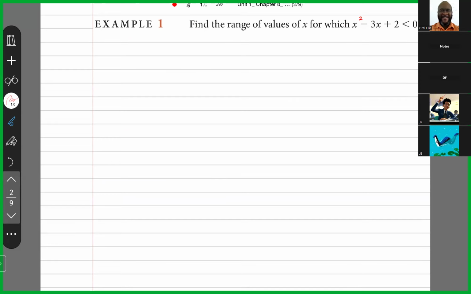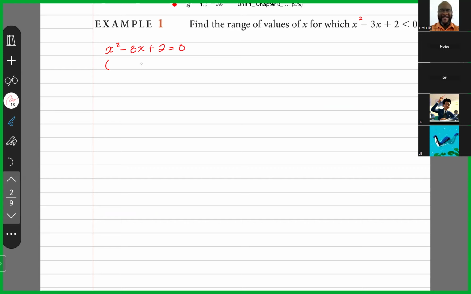In particular, we only need the x-intercepts. Now, the x-intercepts are the values of x for which x squared minus 3x plus 2 is equal to 0.